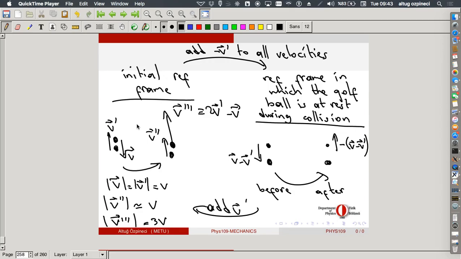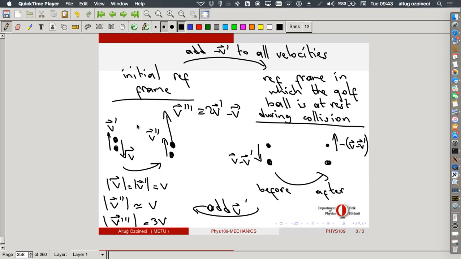Okay, any questions about the momentum conservation? Yes. In solving this problem, how do you do it?